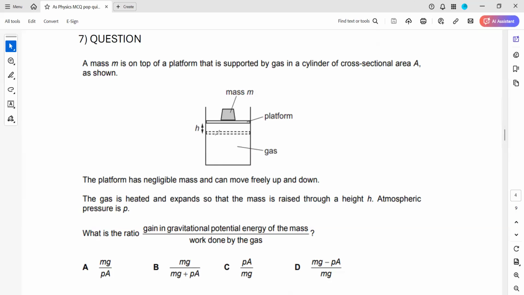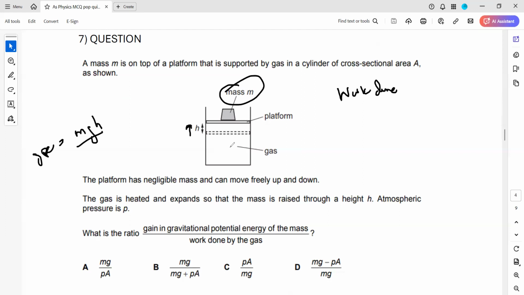So the gain in the gravitational potential energy means the change in height. So the gain in gravitational potential energy will be mgh. But what about the work done by the gas? Two things happen. The gas did work to lift this object, because the mass m is placed on it.